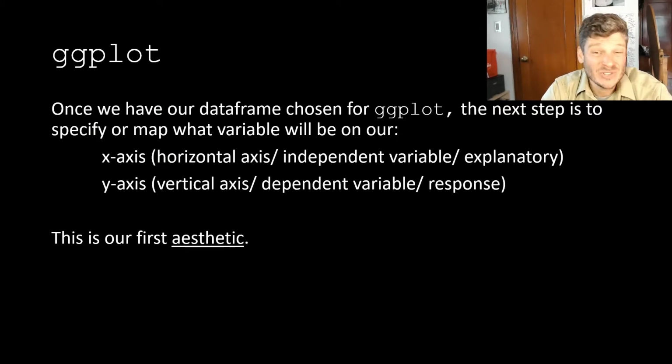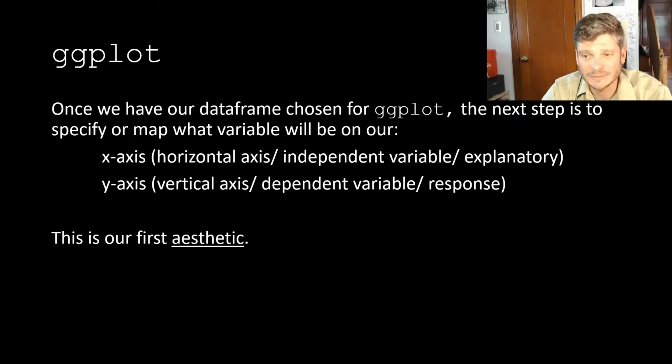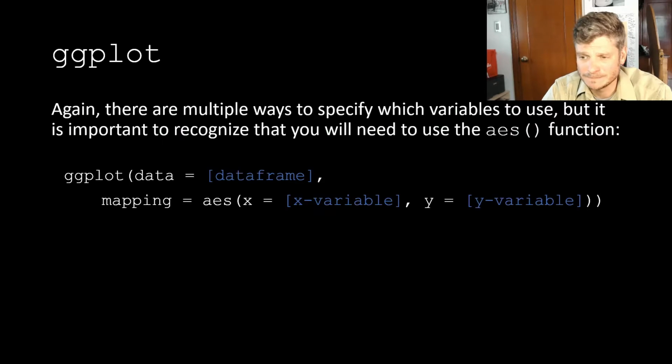Now, again, if I'm using univariate data, maybe I don't need to specify the y-axis because we're typically just looking at one variable and we're just counting. But again, it is important that we are very cognizant of what our horizontal axis is going to be and what our vertical axis is going to be.